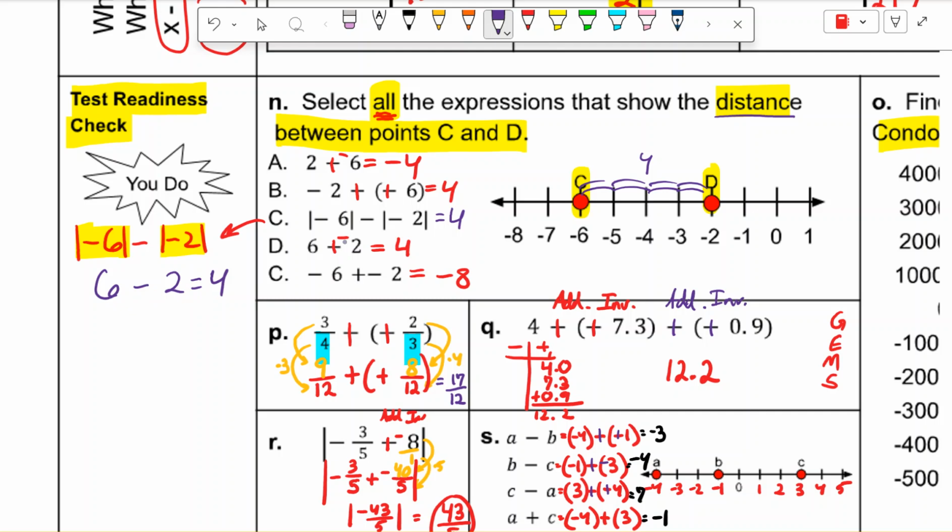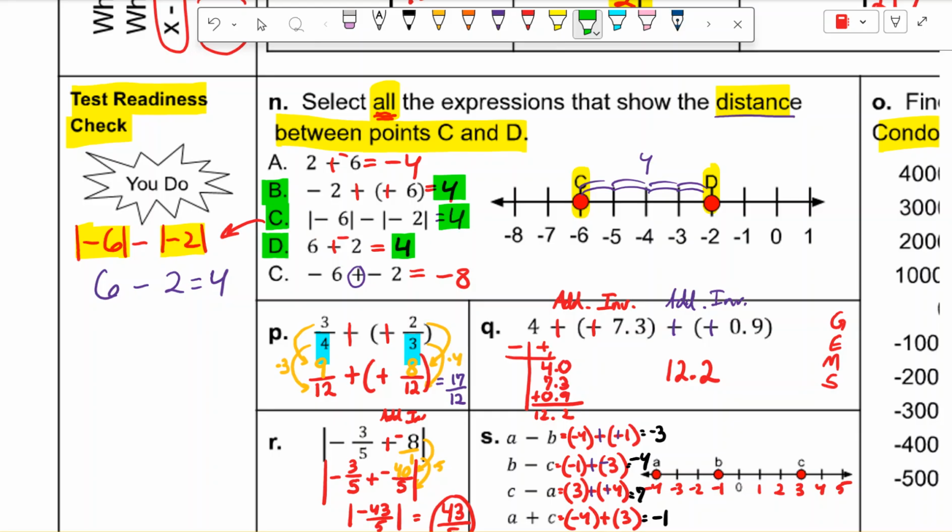Then 6 minus 2 right here again is 4. I did the additive inverse on D, and on C, it's already addition, so no additive inverse, it's all set up. Negative 6 plus negative 2 is negative 8. So on this one, there are 3 of them. B, C, and D are all equal to 4.